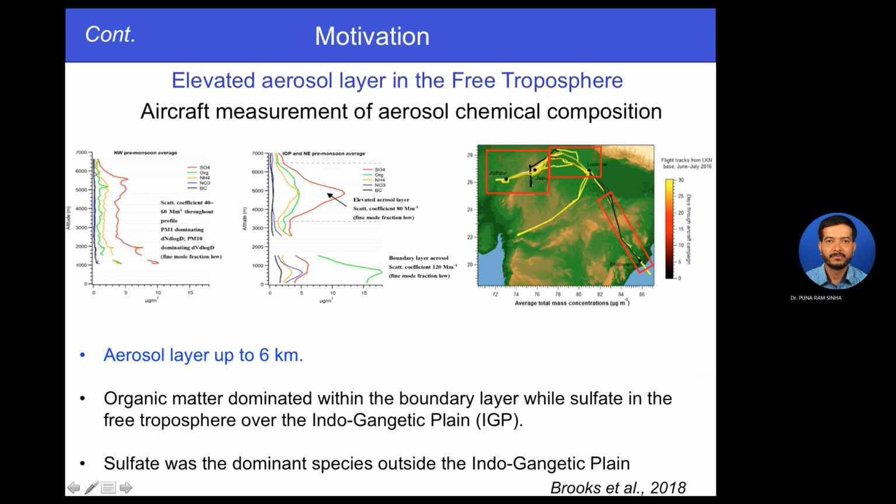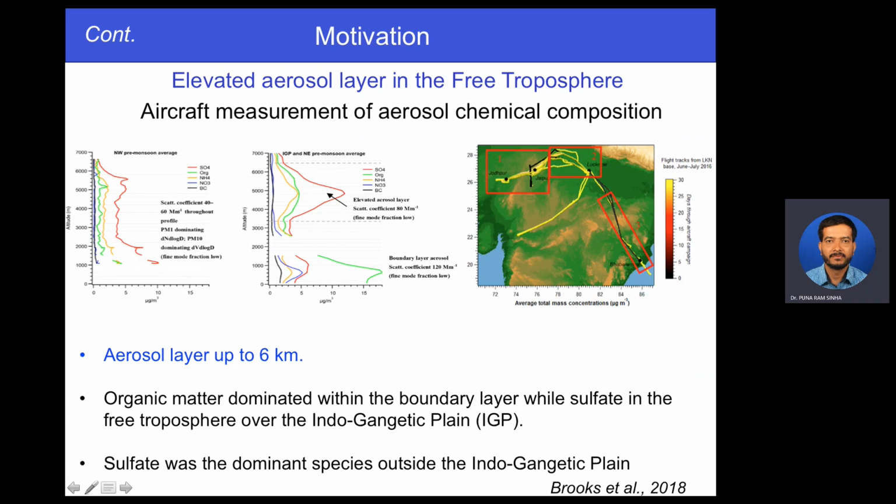More precisely, the aerosol concentration within the free troposphere and boundary layer showed very contrasting concentration. For example, organic matter dominated within the boundary layer, while sulfate particles dominate in the free troposphere in the Indo-Gangetic plain and northeast India.